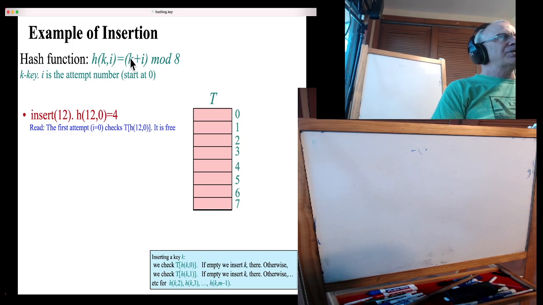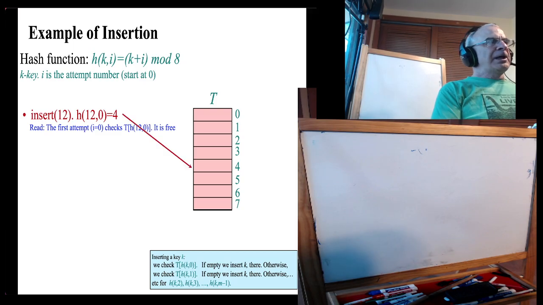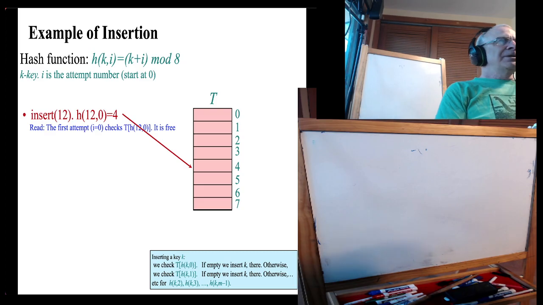If my hash function is just k plus i modulo the size of the table, then 12 plus 0 is still 12. Modulo 8 gives me 4. I'm checking cell number 4. There is nobody living there. So I'll insert 12 into this cell.